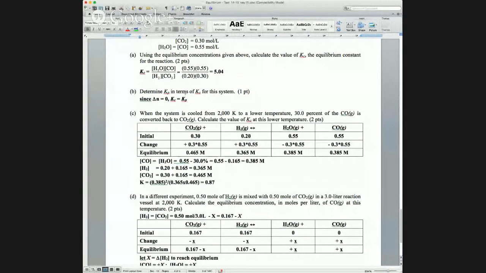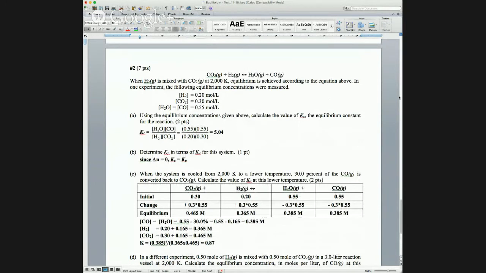This is the KP and KC. Now, there will not be a question like this on the AP Chem exam itself, I don't believe. The only thing that I think they will ask about is the relation of KP and KC in relation to the change in moles of the gas, okay? And so I'm going to switch back to the Bamboo tablet for just a second.